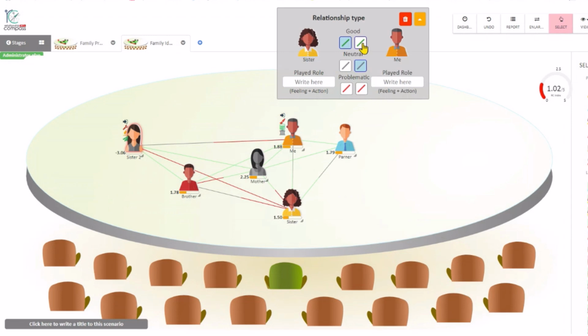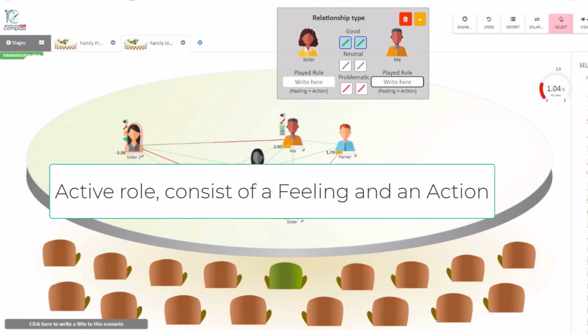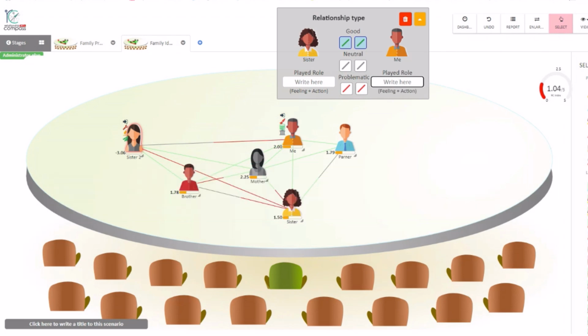And then here, what we can do that we didn't do here is: what is the role that you'd like to play with her? Meaning a feeling, an active role. She may have things that you might not like very much, but what would be the feeling and action that you'd like to have with her?